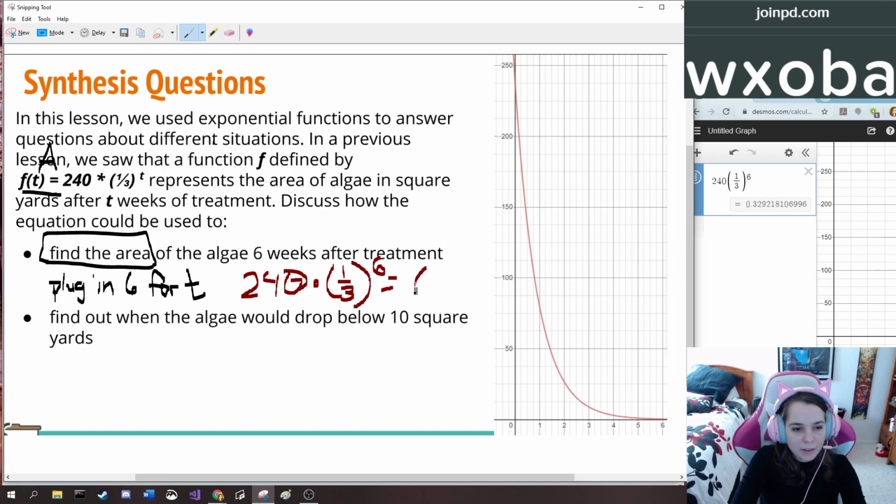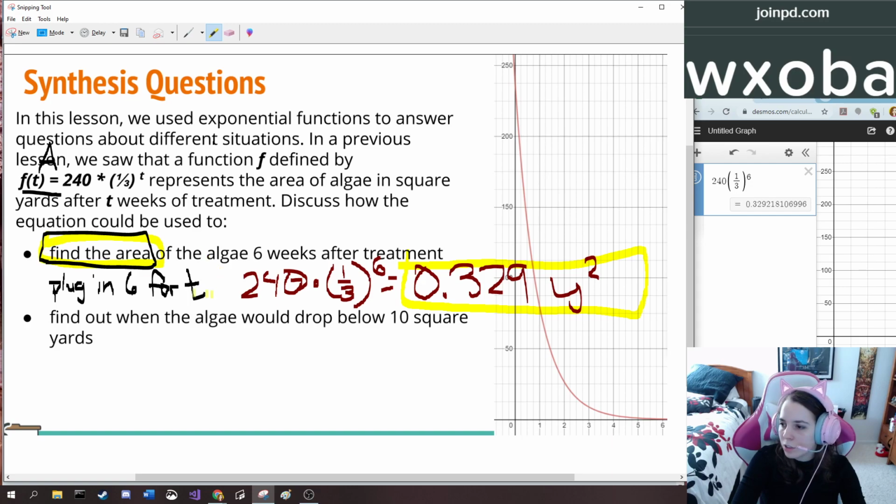So this would be the area of our algae after 6 weeks, and our area is in yards squared. If you're trying to find the output, area as a function of time, you would have to use plugging in.